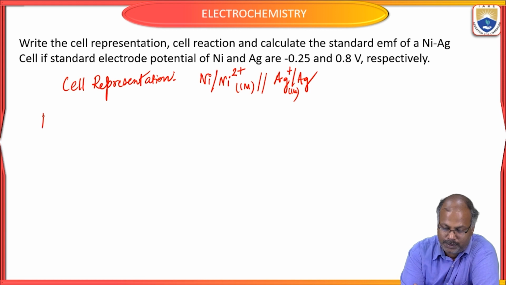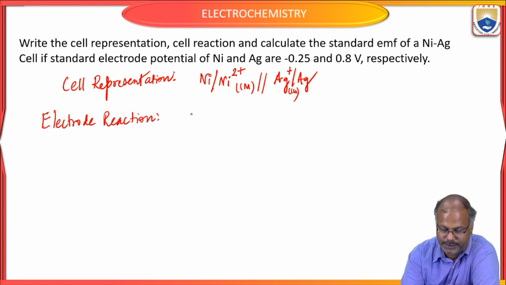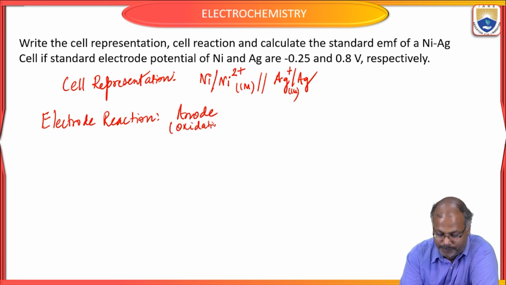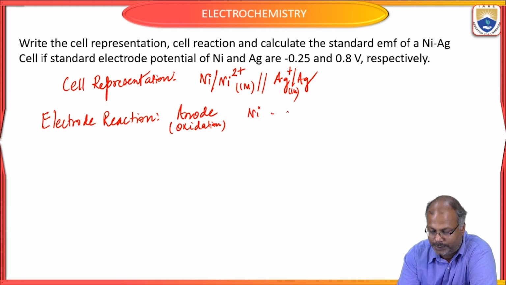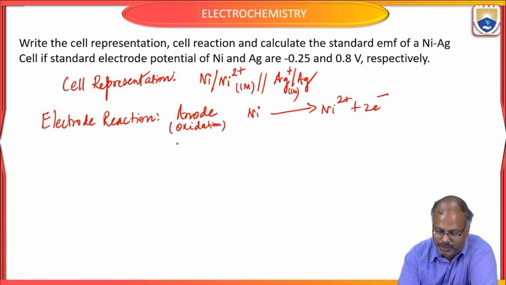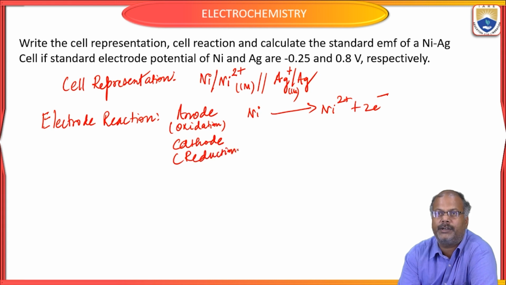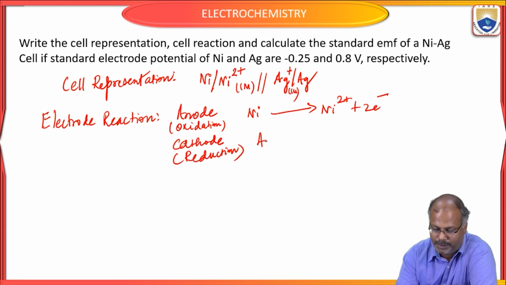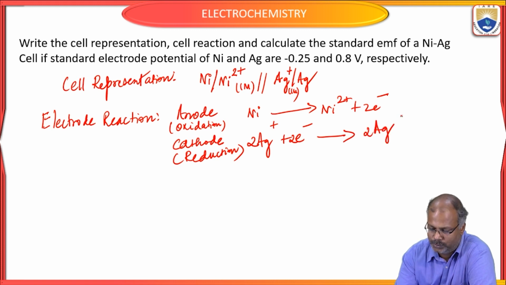Now the electrode reactions or cell reactions. Anode, oxidation: nickel gives nickel 2 plus plus 2 electrons. Cathode, reduction: 2 Ag plus plus 2 electrons gives 2 Ag.